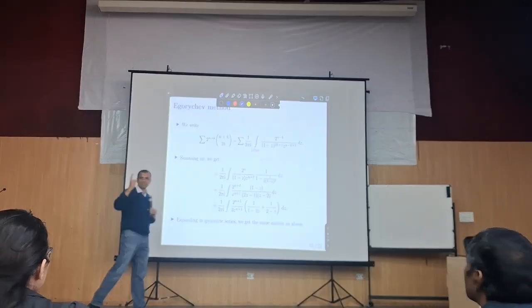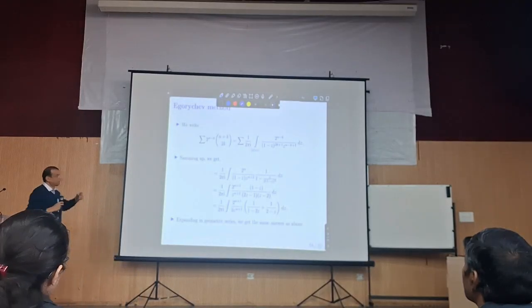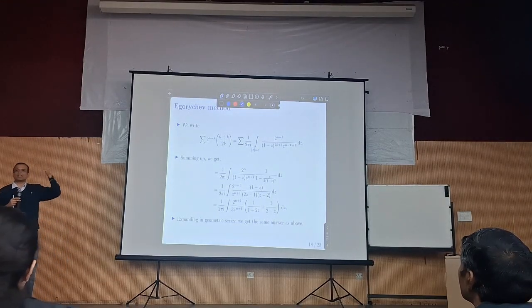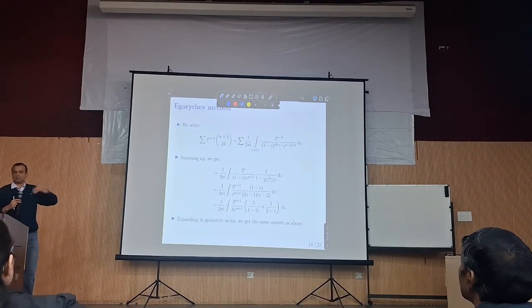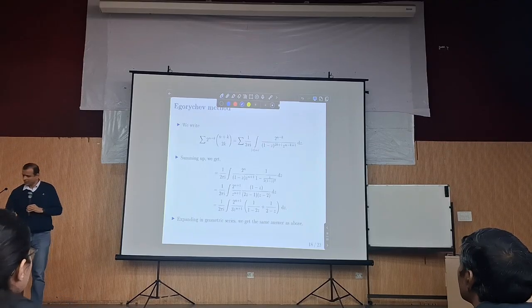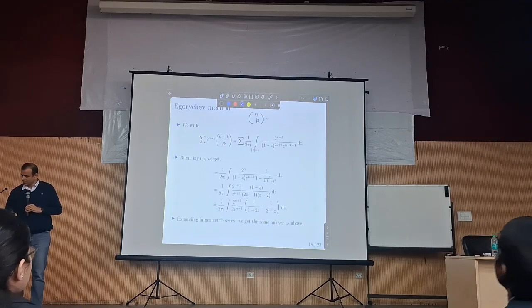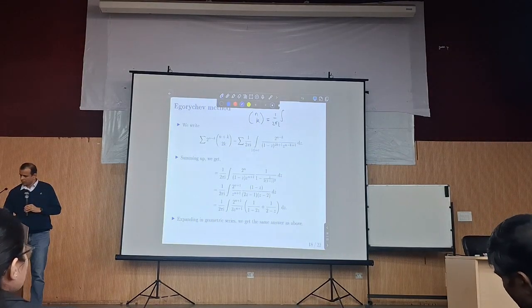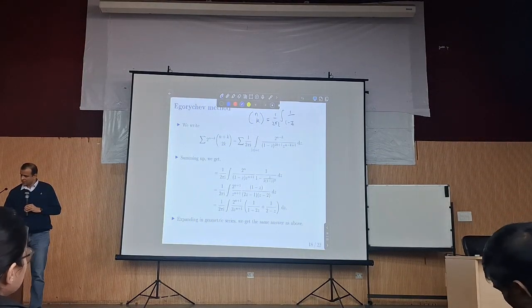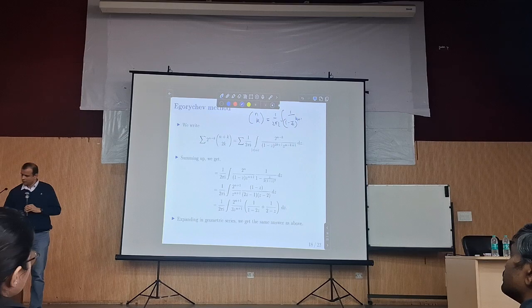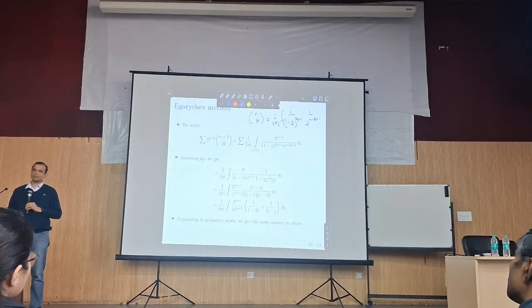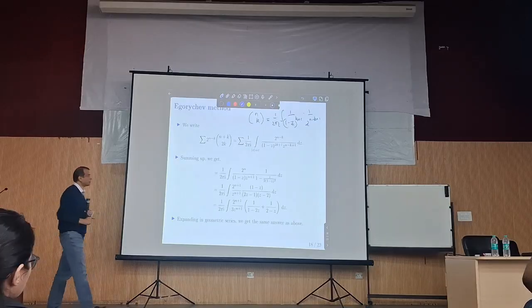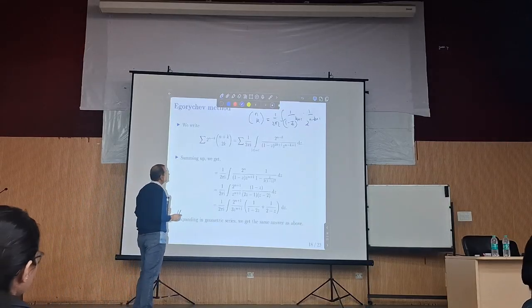Now this is one of those instances where it's more convenient to use the second representation. The second representation was the following, that n choose k can be written as integral 1 over 2 pi i, 1 over 1 minus z raised to k plus 1, 1 over z raised to n minus k plus 1. So it's more convenient to use this particular representation, right?